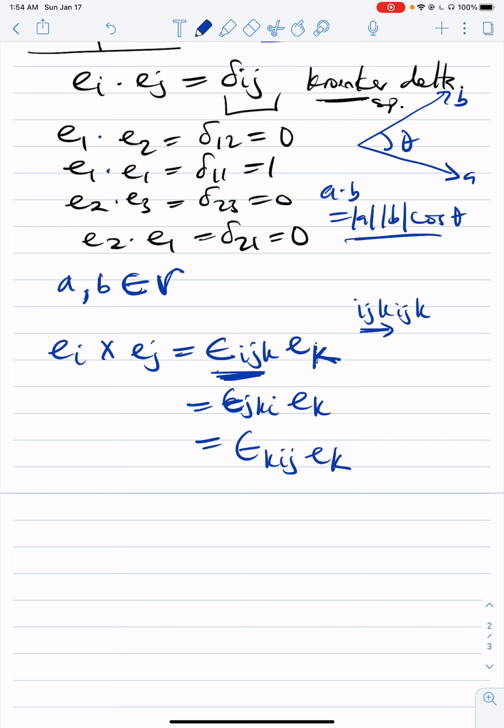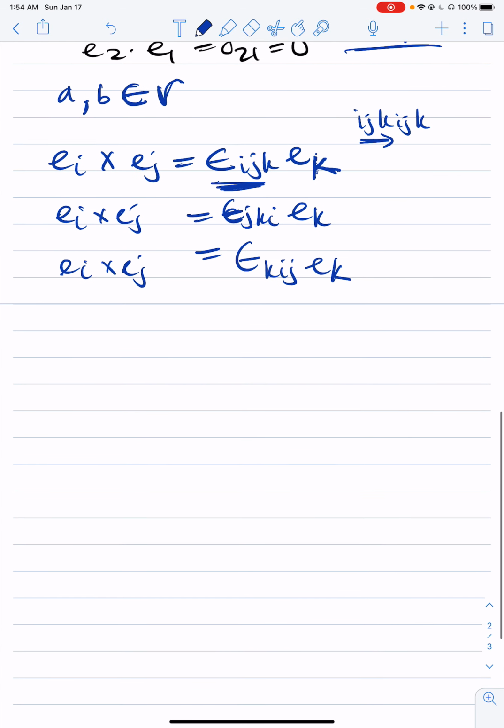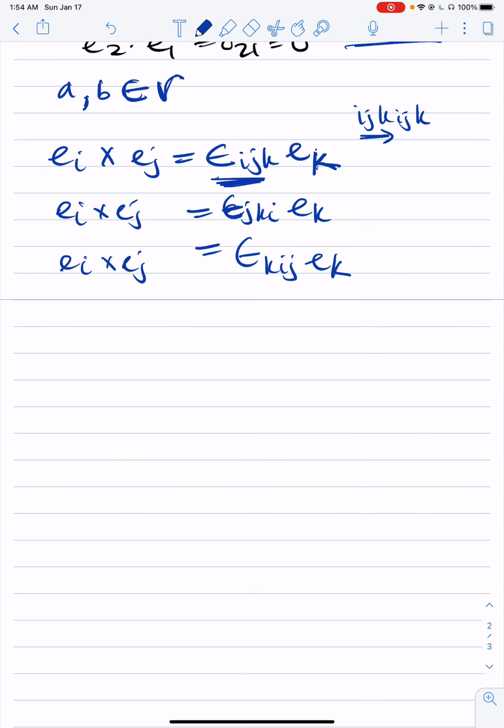I hope this makes sense, basically. So E_i times E_j, E_i cross E_j, basically.